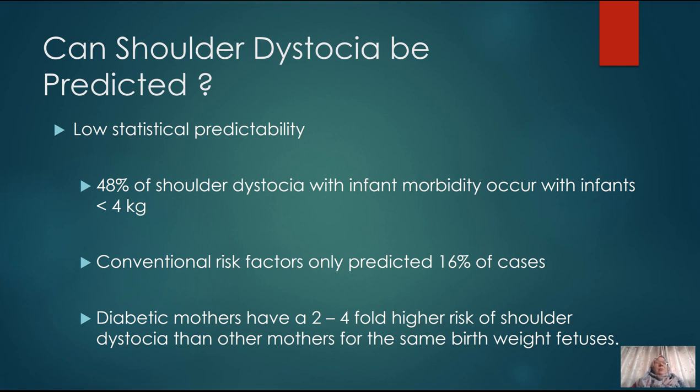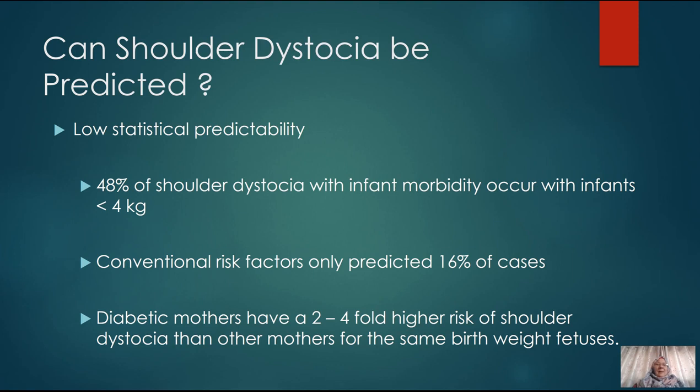The baby produces more insulin to keep their blood sugar at the normal level. And this insulin leads to accumulation of subcutaneous fat, as well as accumulation of fat in the liver, and a larger liver, and generally a larger abdominal circumference.